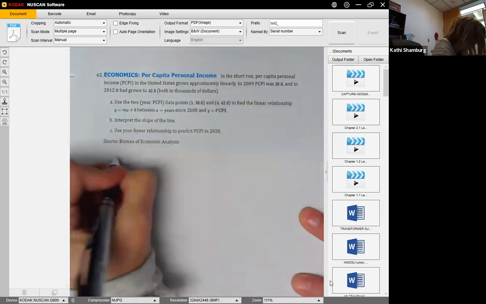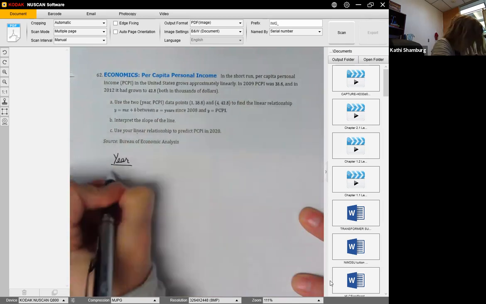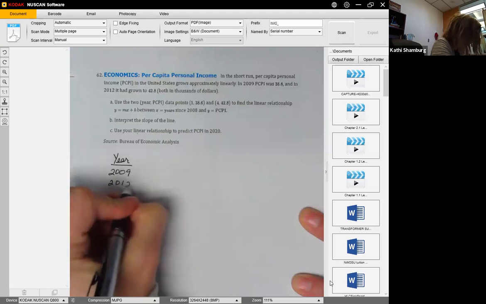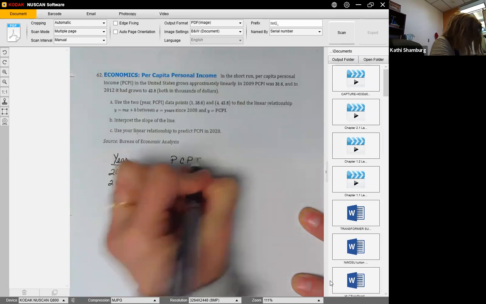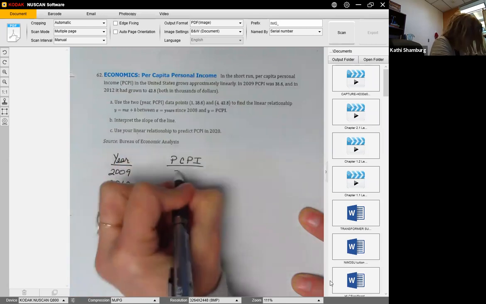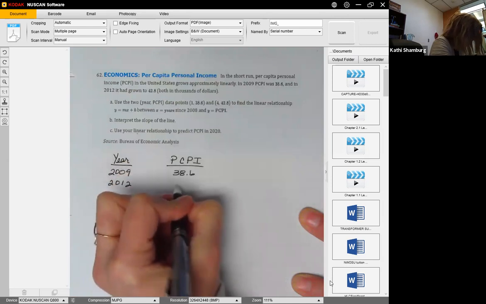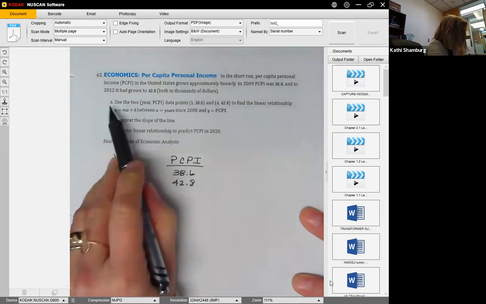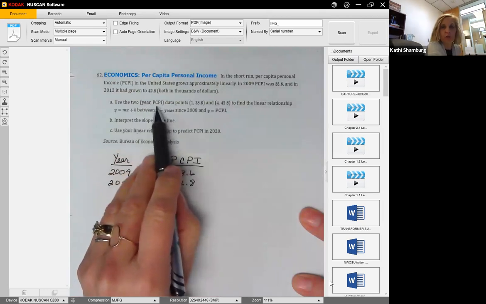So we're given the year, and the two years we're given are 2009 and 2012, and then we're given PCPI, which is 38.6 and 42.8. All right, now notice in part A, it says to use the two. So the x coordinate is your year and the y coordinate is your PCPI.